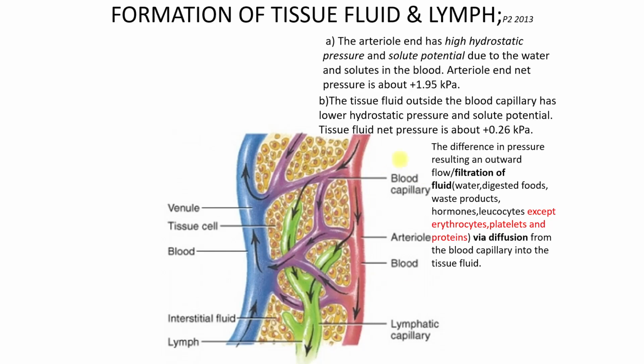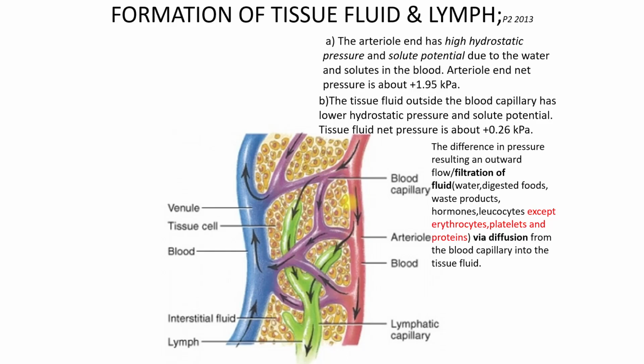So you can picture how this fluid is being filtered from this arterial end into this tissue fluid. And when the fluid has diffused into the tissue fluid, the fluid from the arterial end becomes the tissue fluid itself, or interstitial fluid.